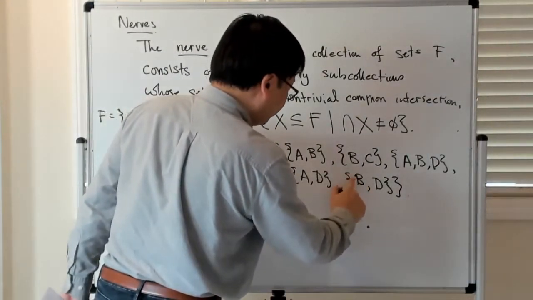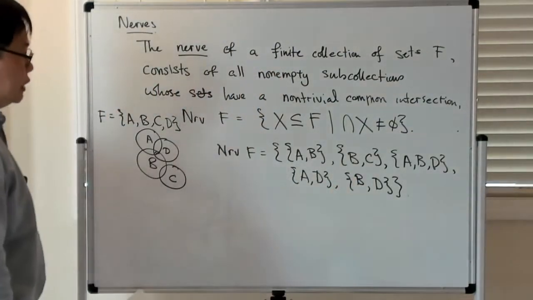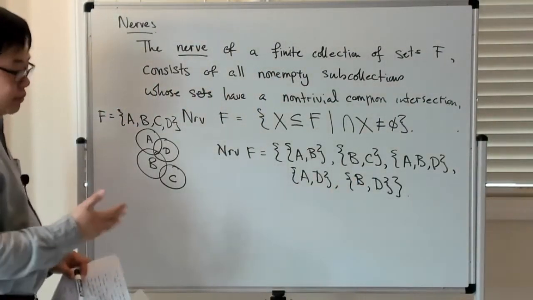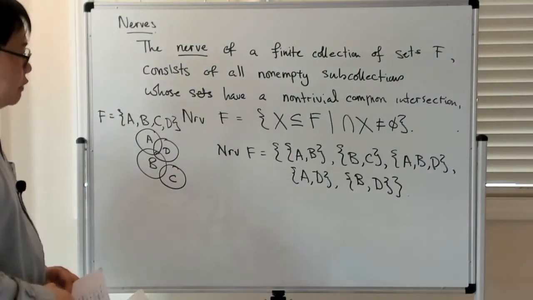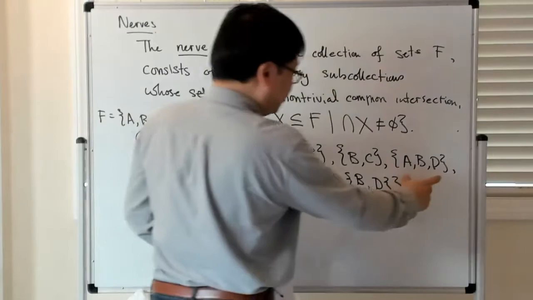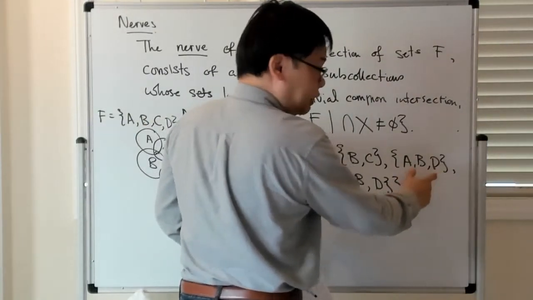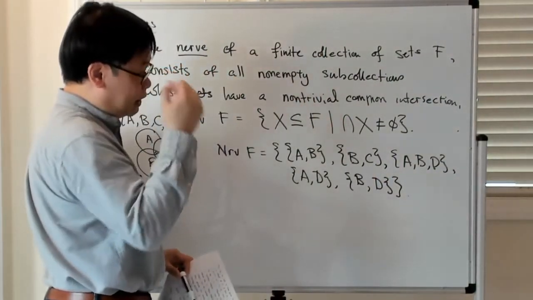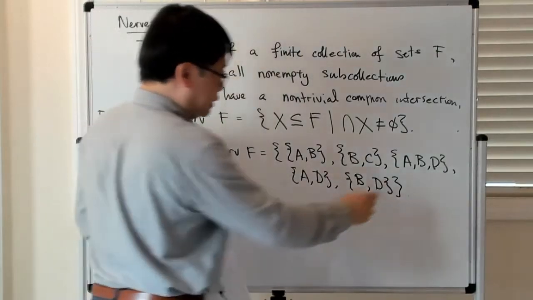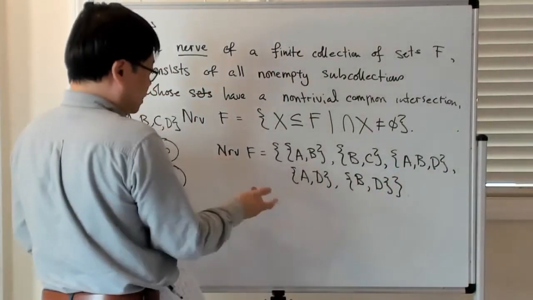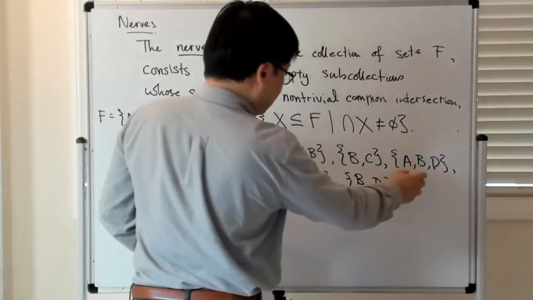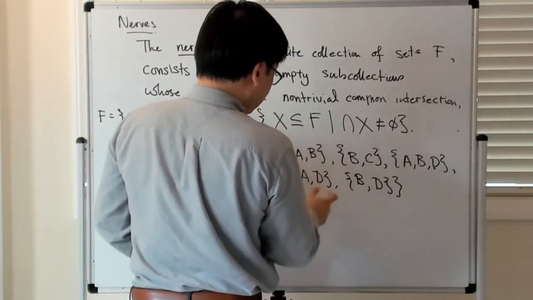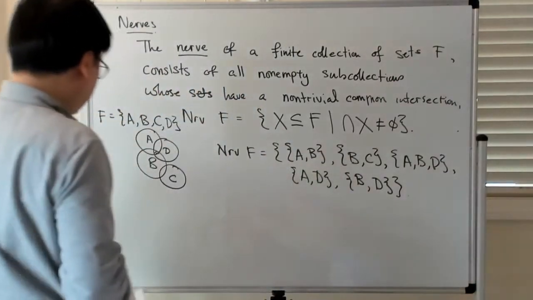So you have all these terms. And this has the property that it's an abstract simplicial complex, and you recall one of the properties of an abstract simplicial complex is that if you have a set here, then any subset of that set is also in the abstract simplicial complex. So if you have ABD, then AB will also be there, and BD will also be there.